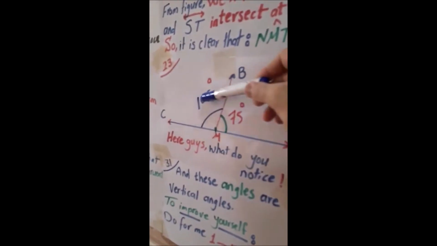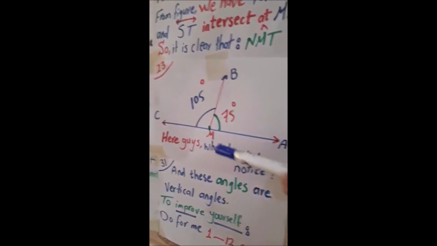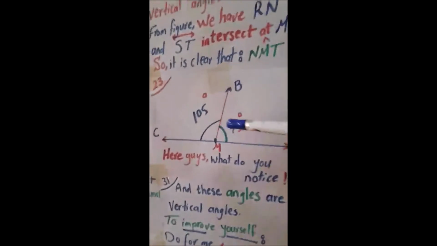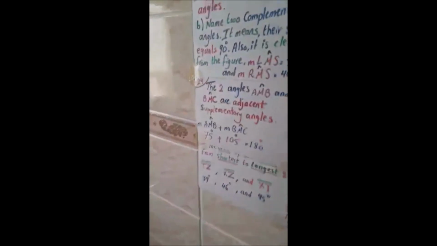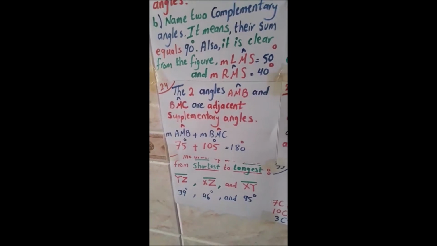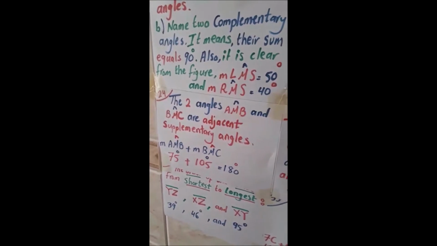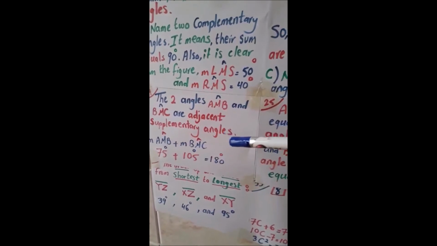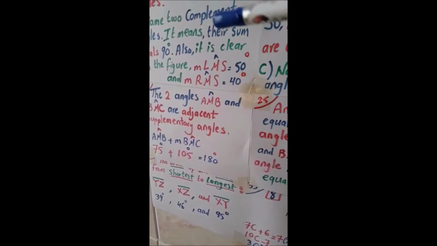These 2 angles are adjacent, we know that from the common ray MB, and ray MA and ray MC. They are adjacent supplementary angles because their sum is equal to 180: the measure of angle AMB plus the measure of angle BMC, 75 plus 105, equals 180. And 180 is the measure of a straight angle.